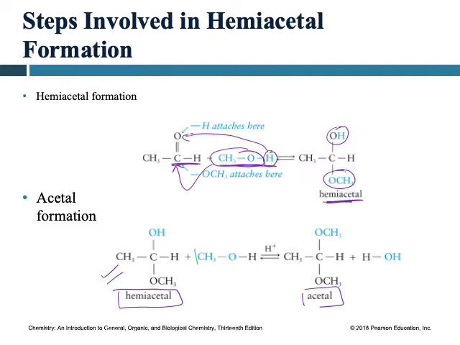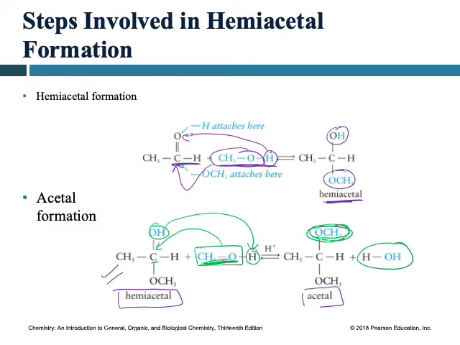Now we have one more alcohol, and the CH3O group from the alcohol is going to replace the hydroxyl group, and this hydroxyl group is going to bind with the hydrogen of the alcohol part and be removed as water. And now this OCH3 group is over here on the carbon. So this is acetal. Why? Because you have two ether groups and one hydrogen on the same carbon. That's why this is acetal.